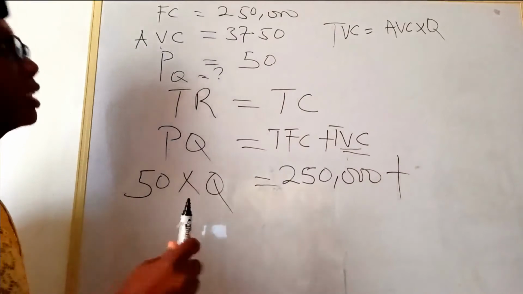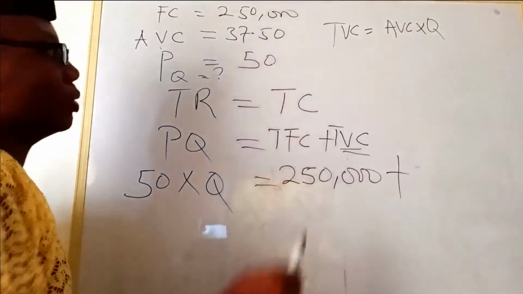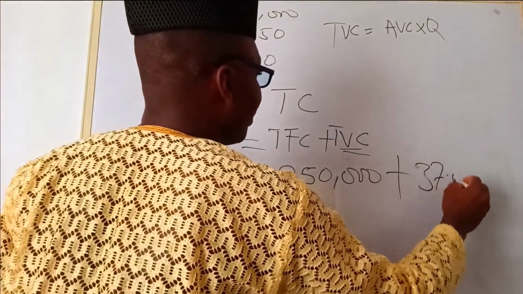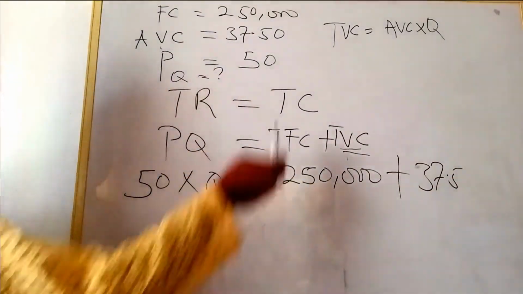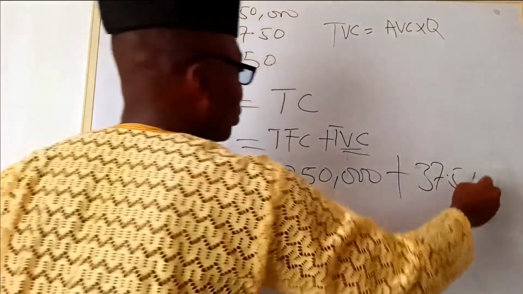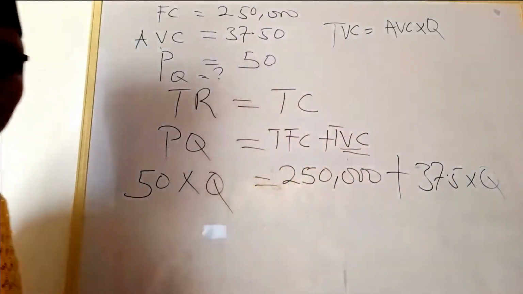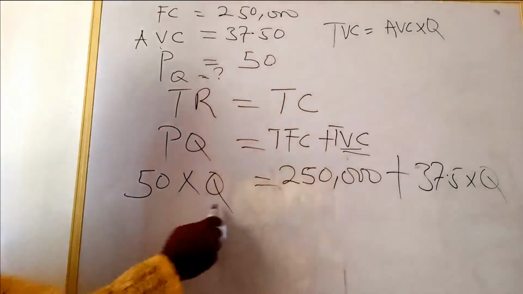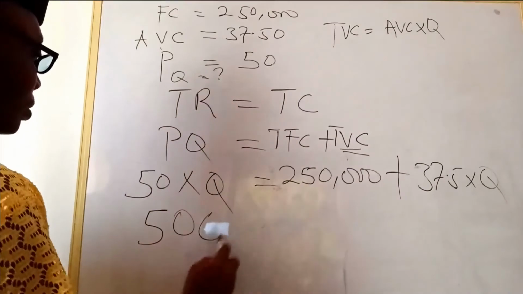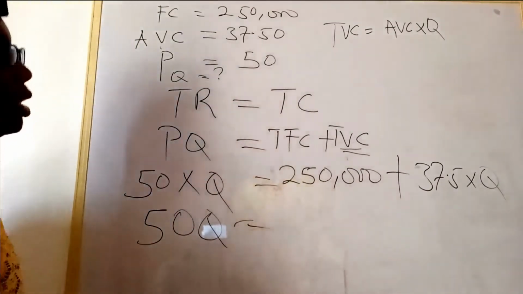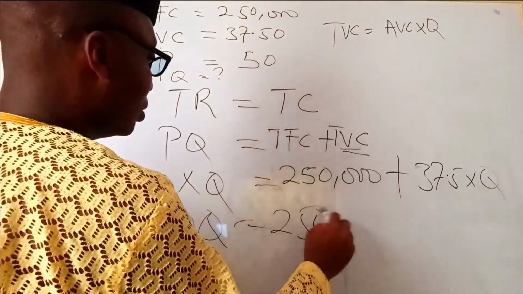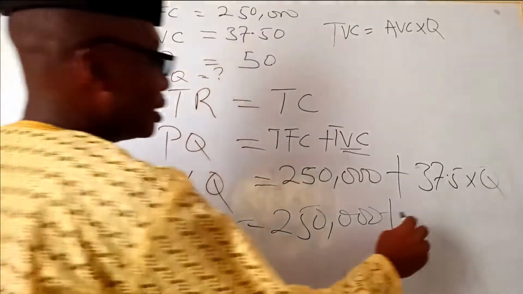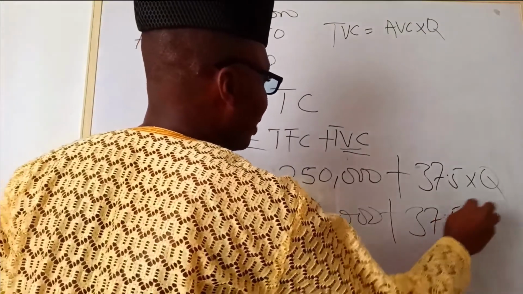It is not given per se, but we can get it from here. We were given the average variable cost to be 37.5, and you know that the formula is you have to multiply it by Q. Now 50 times this will give us 50Q, which equals 250,000 plus 37.5Q.